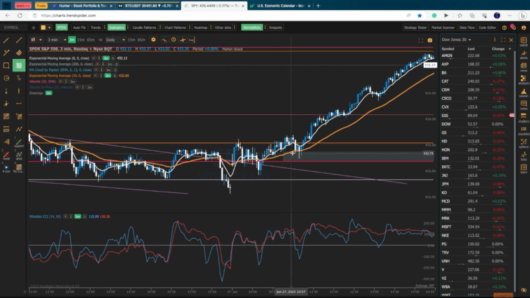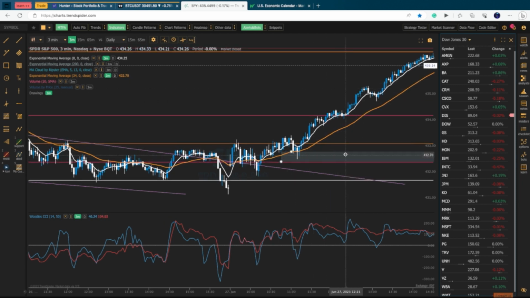Think about it. We didn't break out until we came back and, yeah, we made the new high, but confirmed the chop zone, held the EMA, and then we go. So, yeah, that's good.